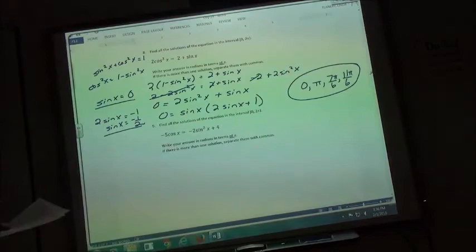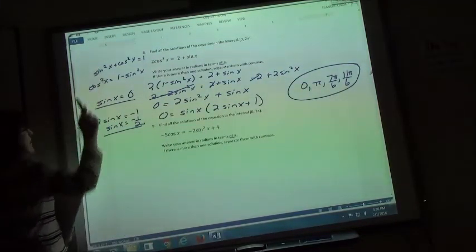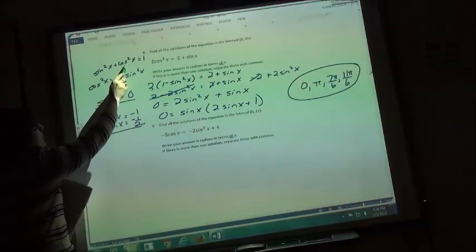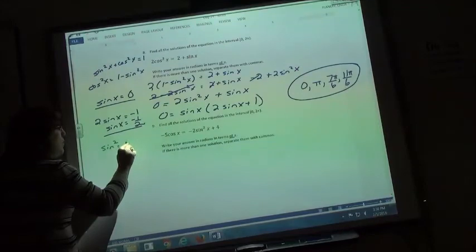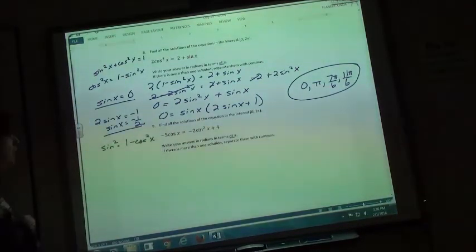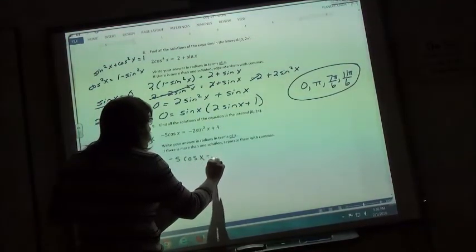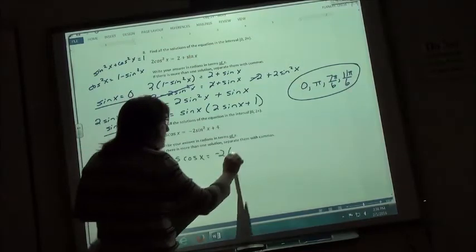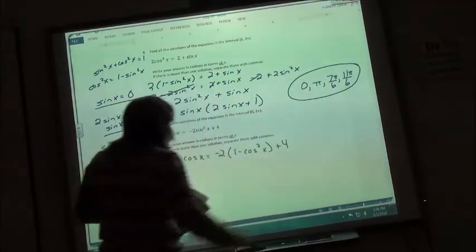Number 9. This time I have a sine squared. So again, thinking about sine squared plus cosine squared equals 1, the sine squared would equal 1 minus the cosine squared of x. And so I'm going to have negative 5 cosine of x equals negative 2 times (1 minus the cosine squared of x) plus 4.